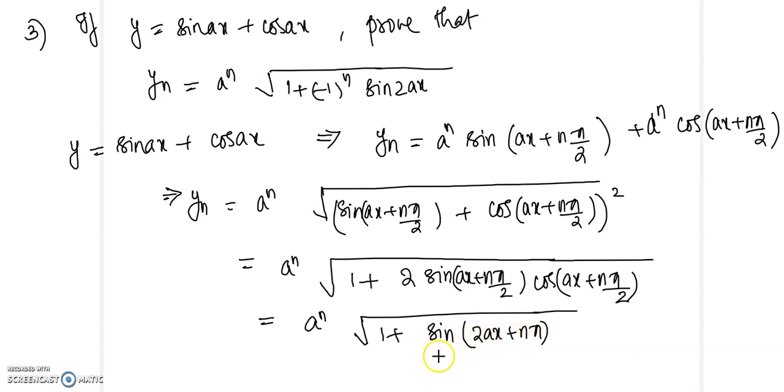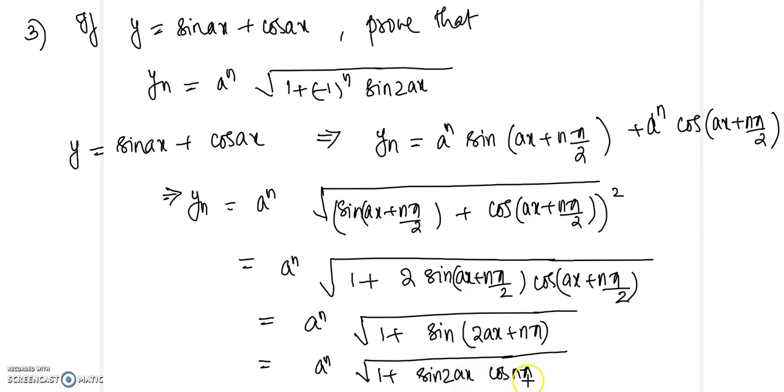So sin(a plus b) is sin a cos b plus cos a sin b. So that will be a raised to n root of 1 plus sin 2ax into cos n pi. Next term is sin n pi into cos 2ax.